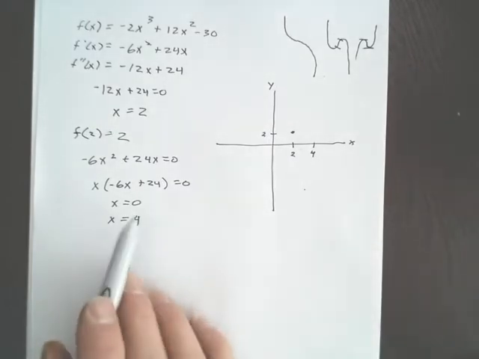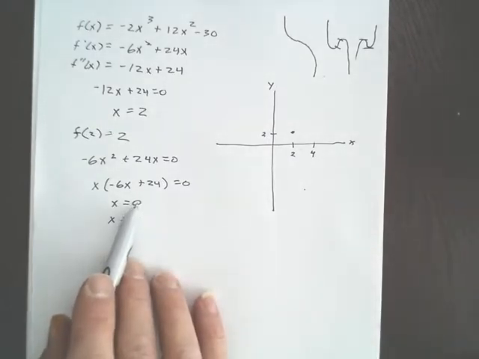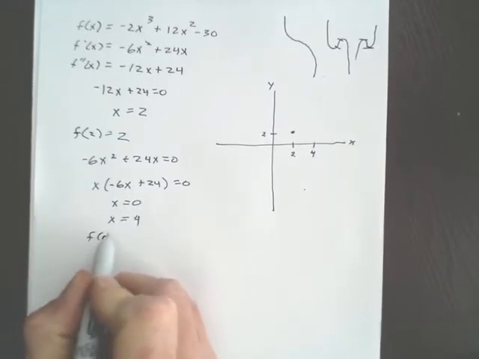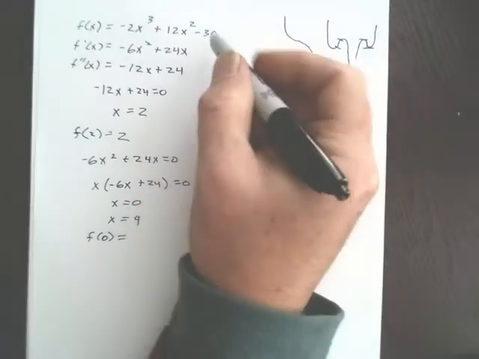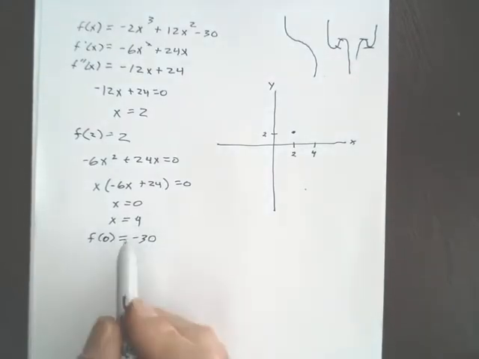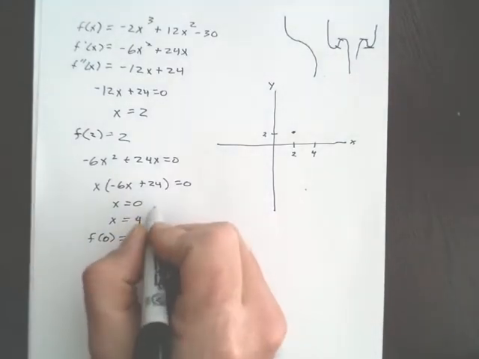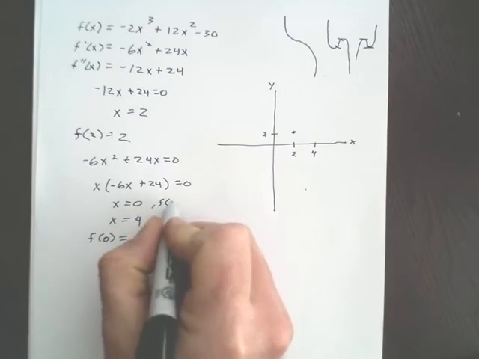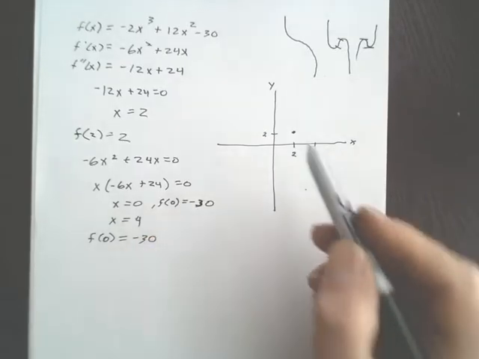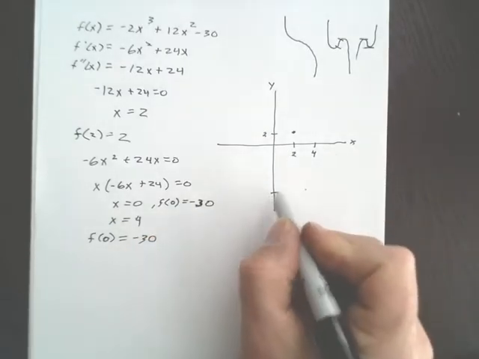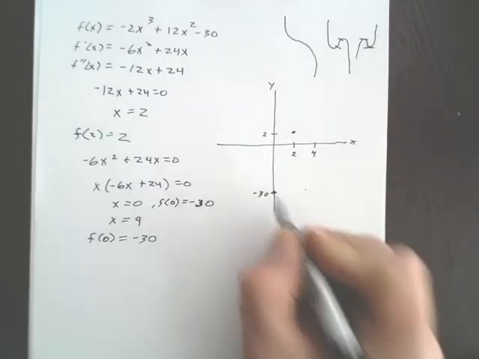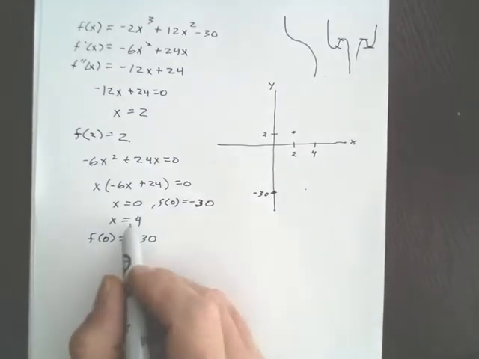Now we need to find the y-coordinates of those maxes and mins. When we set x equal to 0 and find f of 0, we get negative 30. That's easy enough. So at x equals 0, we come down here to negative 30, and we get a max or a min. Now we need to find f of 4.